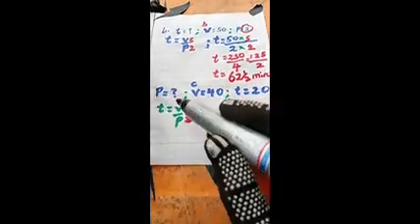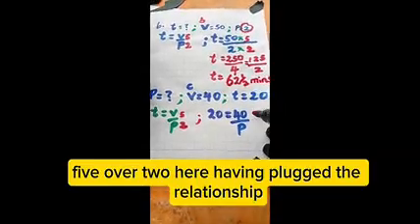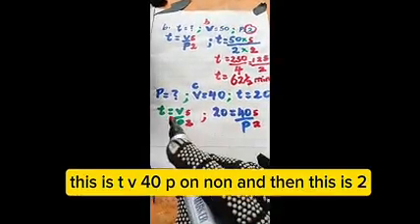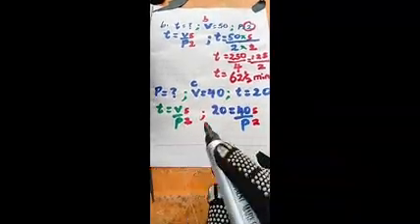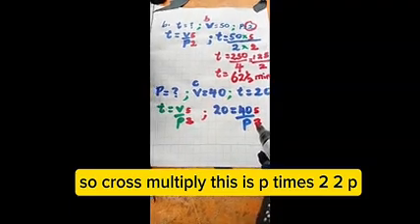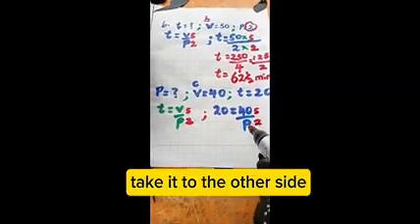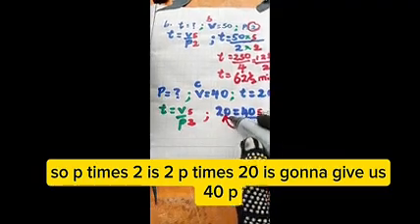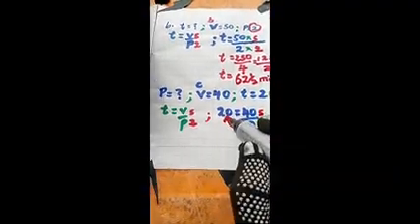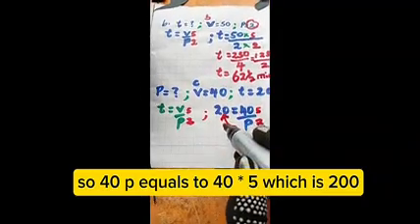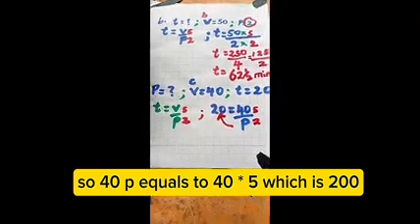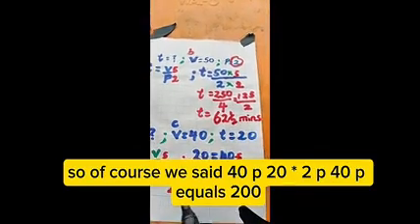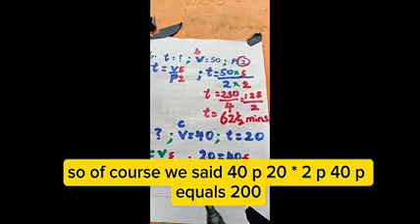Having plugged in the relationship, we'll cross multiply. This is P times 2, 2P. So 2P times 20 is going to give us 40P. So 40P equals 40 times 5, which is 200.